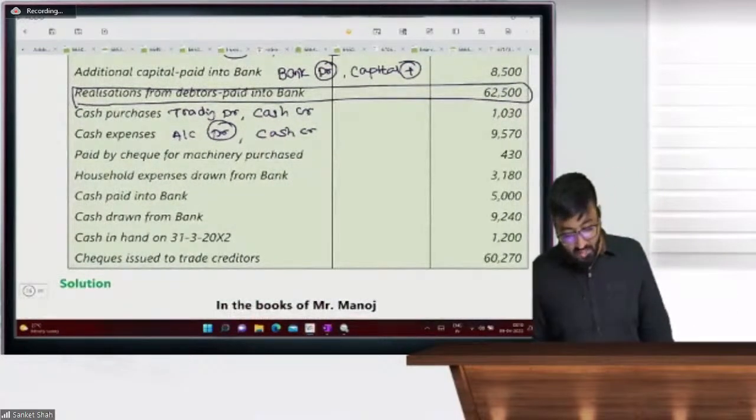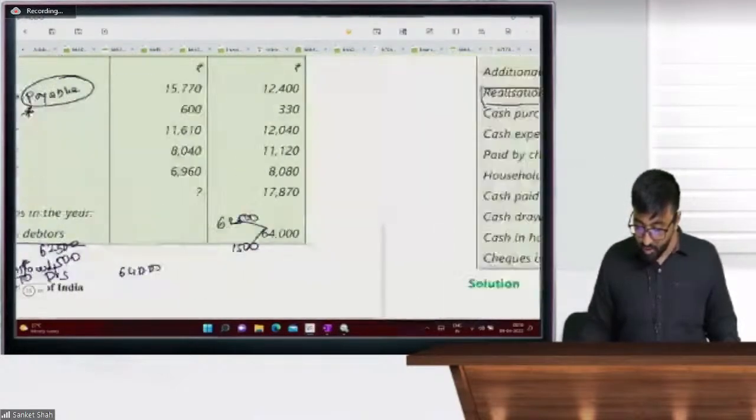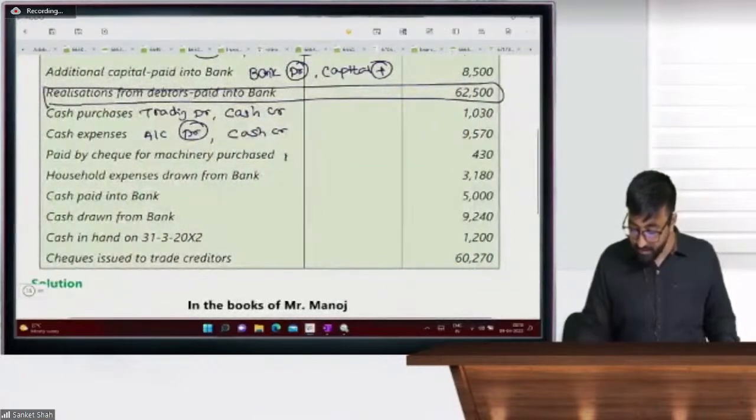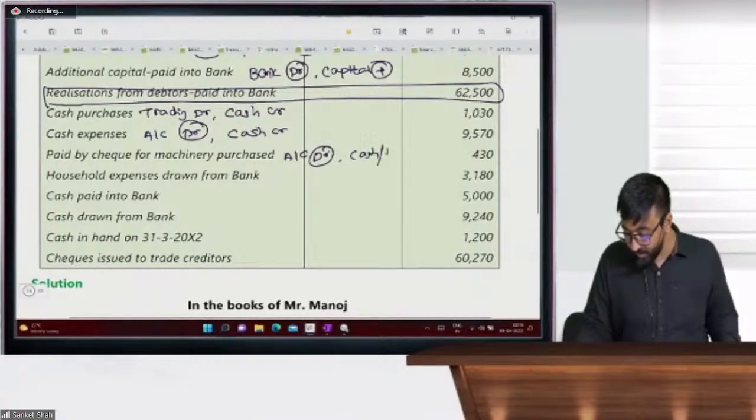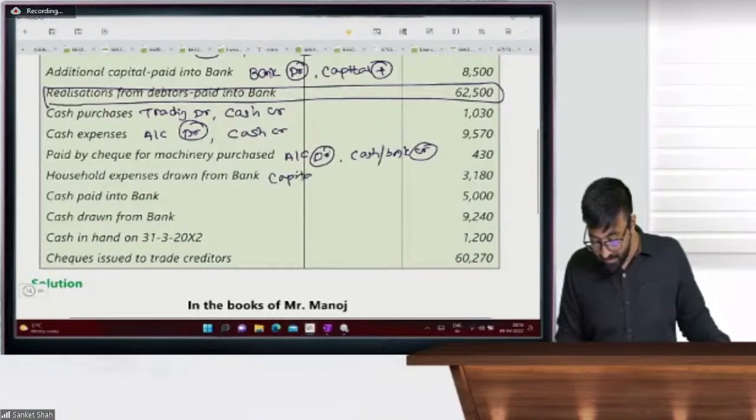Paid by check for machinery purchase. Beta, asset account is also opened. Sundry asset account के डेबिट में and cash and bank के क्रेडिट में. Household expenses drawn from bank. Capital में से minus, that is drawings effect, and cash and bank credited.